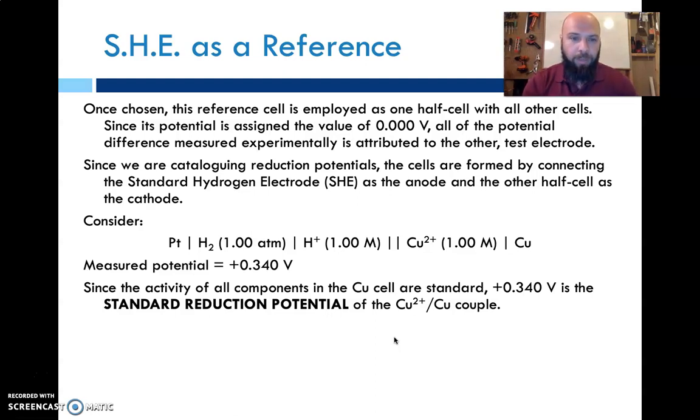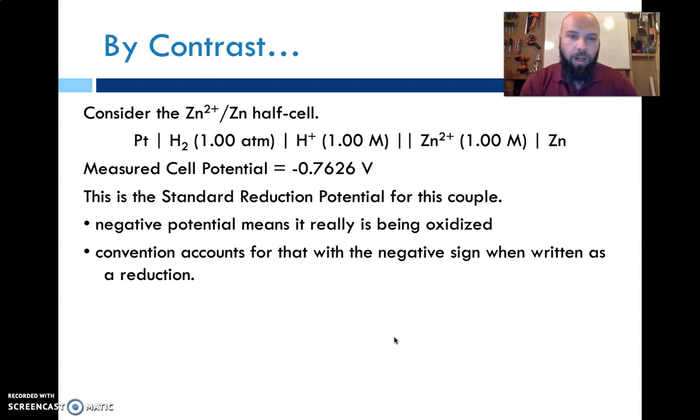Looking at another example, here's the zinc 2+ and zinc couple, and the measured cell potential is negative 0.7626. So this means that the thing you're looking at, the half cell, is actually being oxidized and the reaction's occurring spontaneously in the opposite direction.